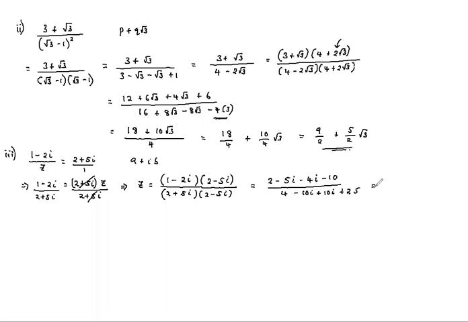Then now you have 2 minus 10, you have minus 8, minus 9i over 29. So you can now write that as negative 8 over 29 minus 9 over 29 i.